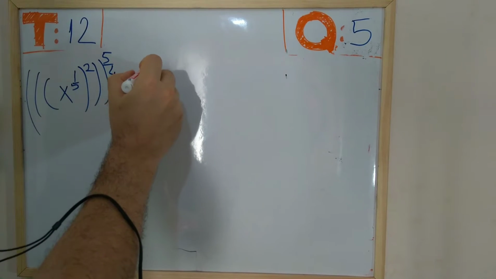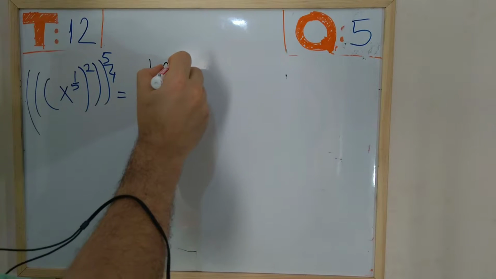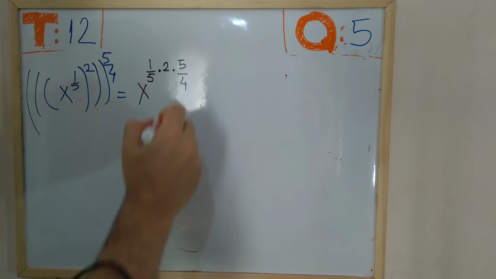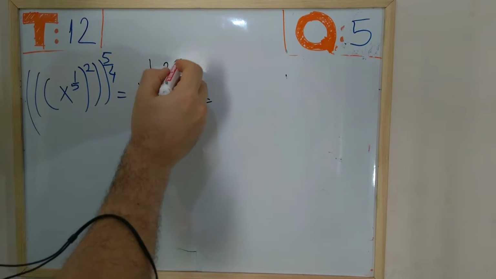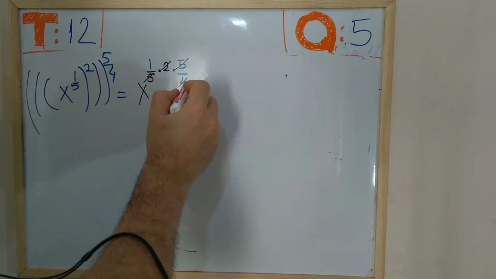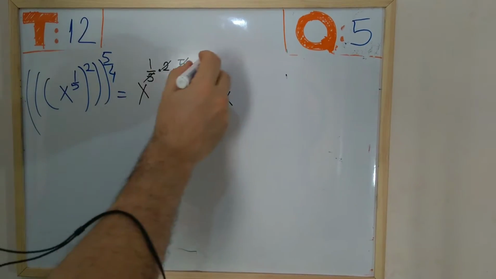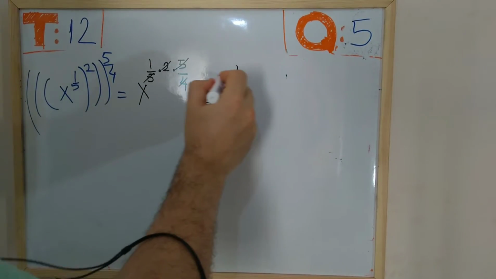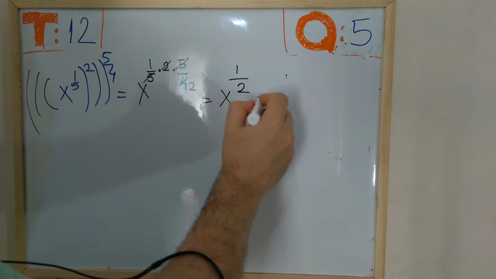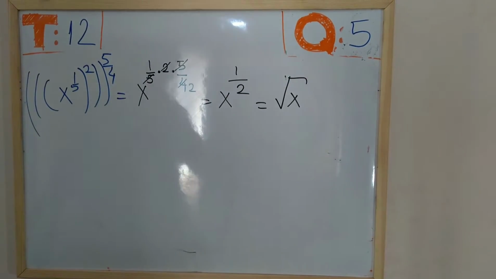So x to the 1 over 5 times 2 times 5 over 4, which is going to be equal to, 5s will cancel out, 2 and 4 will cancel out to give you 1 over 2. Then what I will have in the numerator is 1 and denominator is only 2, which is equal to the square root of x.